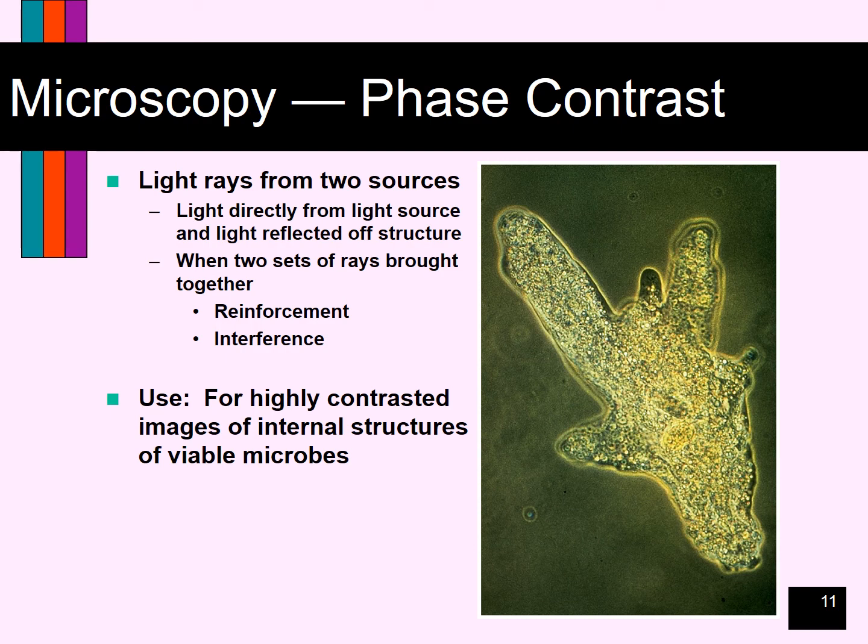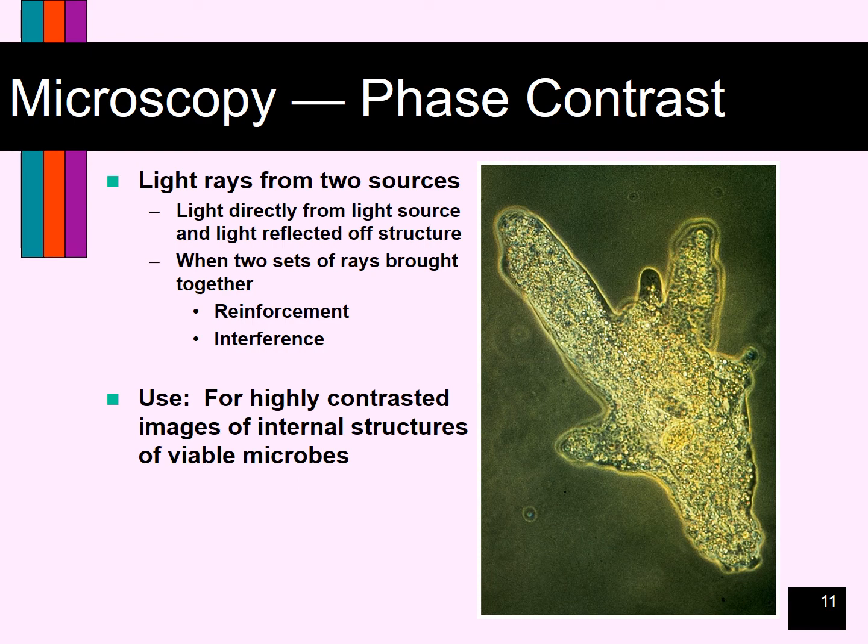Basically, light is coming from two sources. One source would be directly from the illuminating source, and then the other source would be from light that is reflected or diffracted off a structure of the specimen.